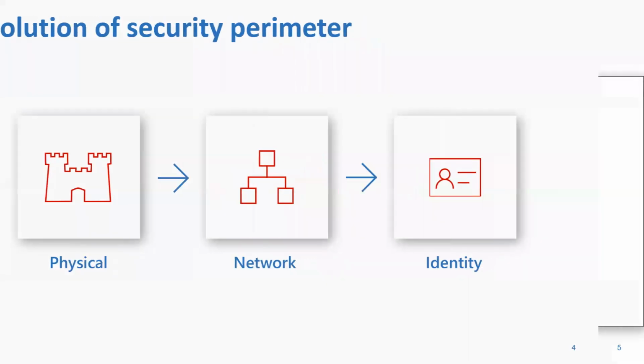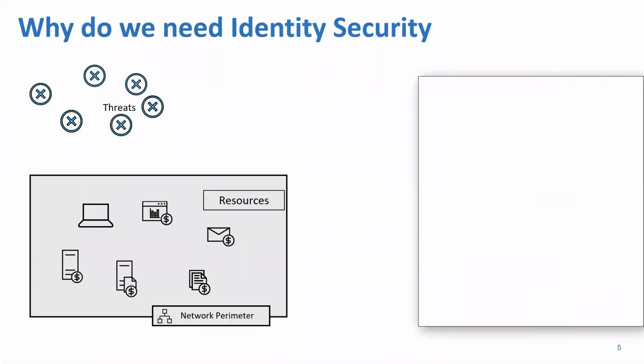So keeping this in mind, why do we now need identity security? This is a quick animation where I just wanted to show how threats can get transferred from one location to another, and why having identity security is very, very essential.